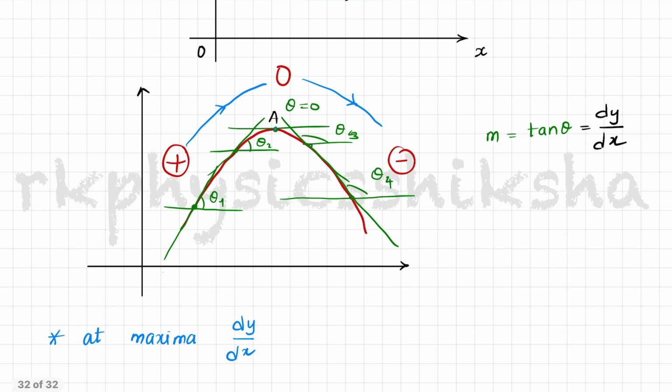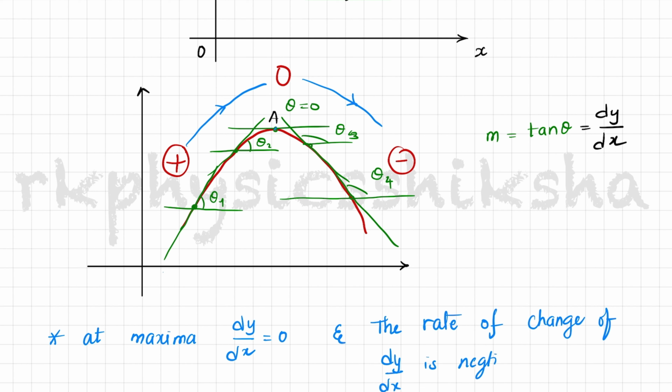That means what we can say, dy by dx is equal to 0, and the rate at which this dy by dx changes, the rate of change of this dy by dx, is negative at maximum.